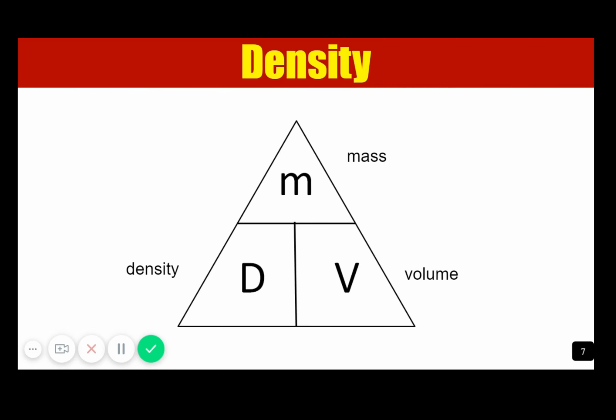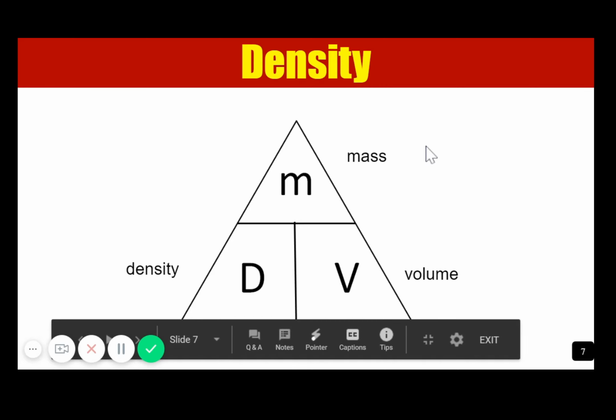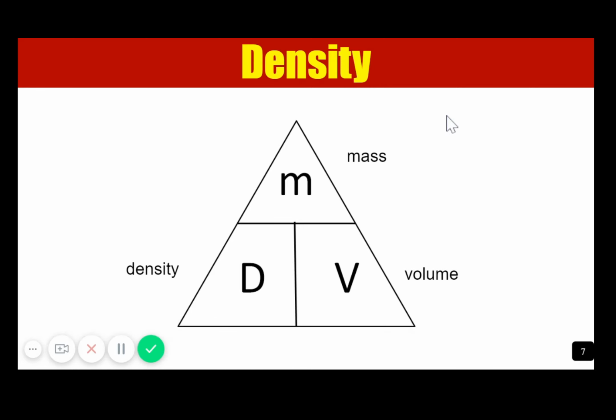As I've mentioned, density is mass over volume. But how do you remember it? I always like to use this triangle where you place the mass on the top, the density on the left-hand side, and the volume on the right-hand side. And if you need to calculate a specific unit, you just cover it.